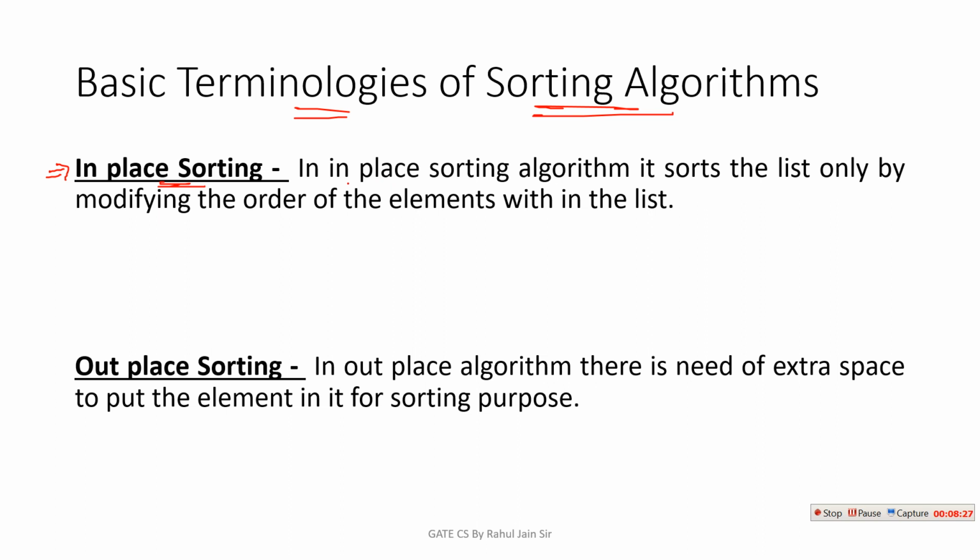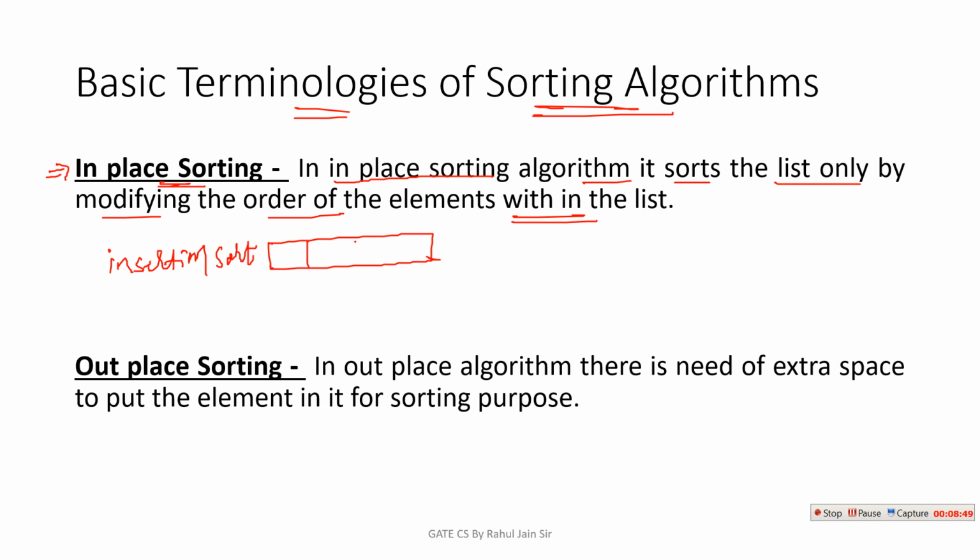An in place sorting algorithm sorts the list only by modifying the order of the elements within the list. For example, if we talk about insertion sort, suppose several elements are there, then they can be sorted by modifying elements in the list itself.